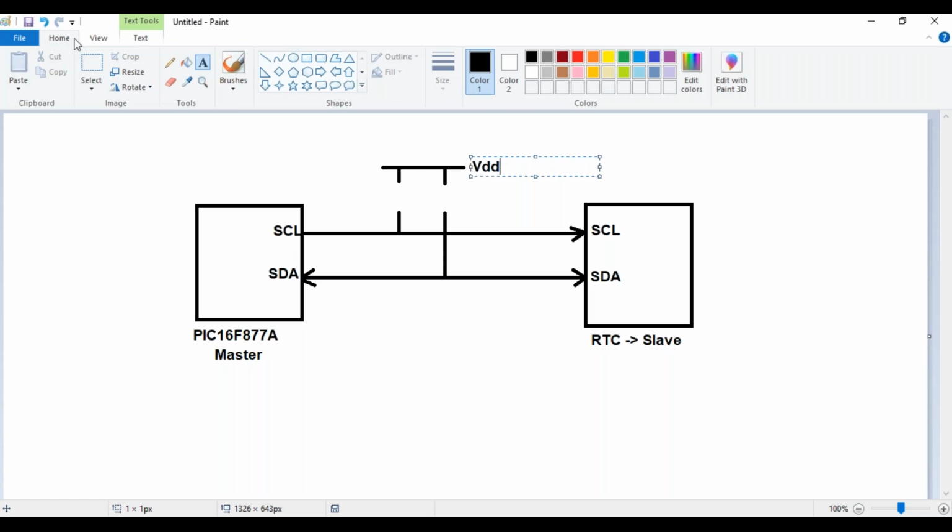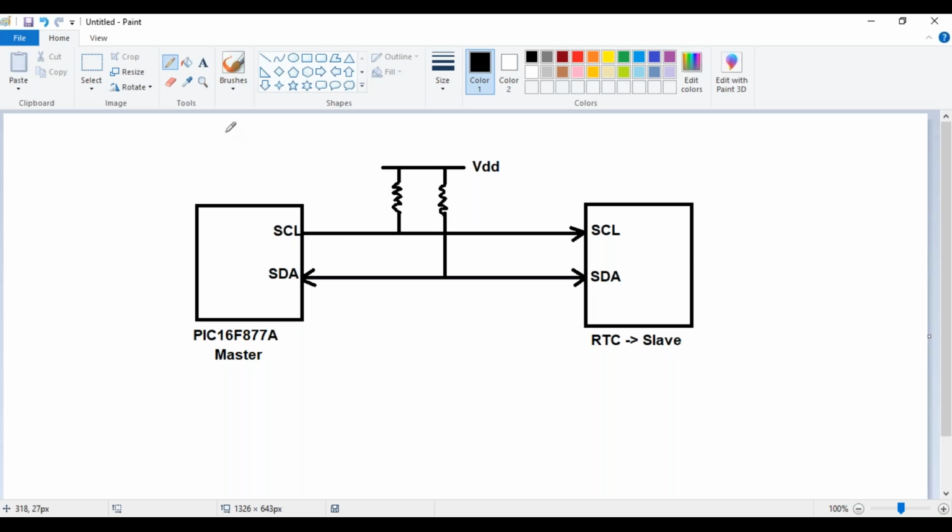I'm going to add resistors, like this. So I have got the resistors added.